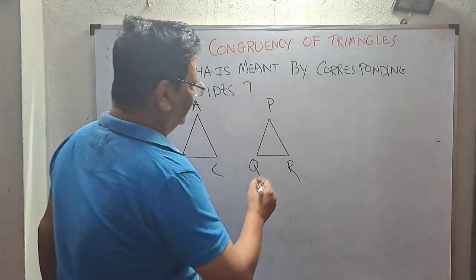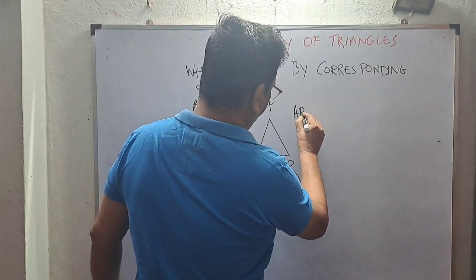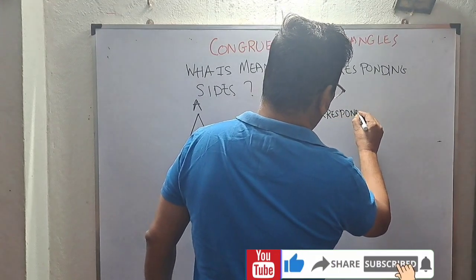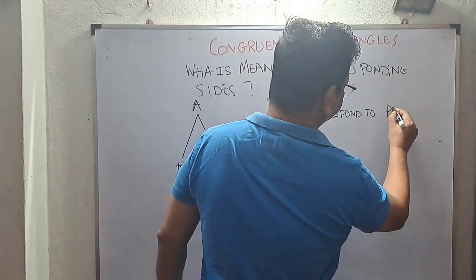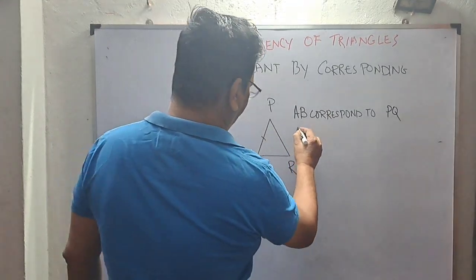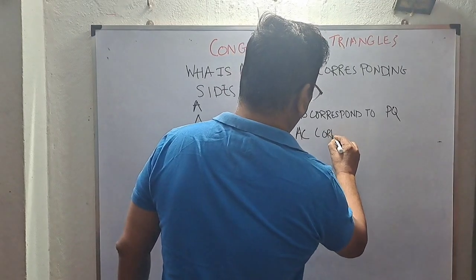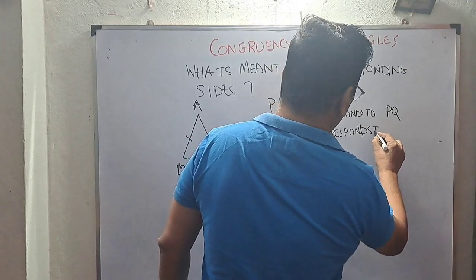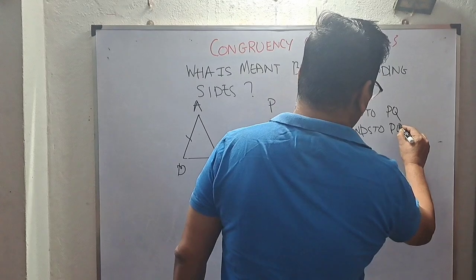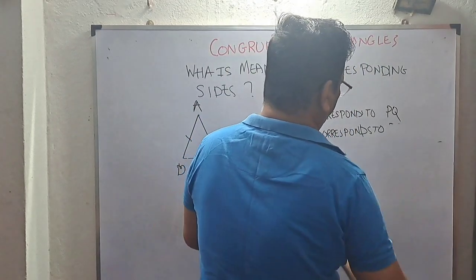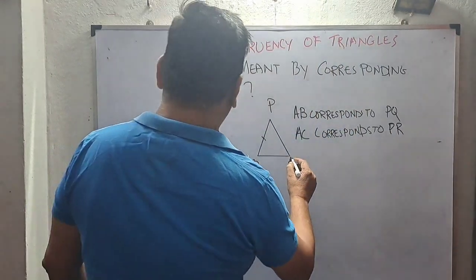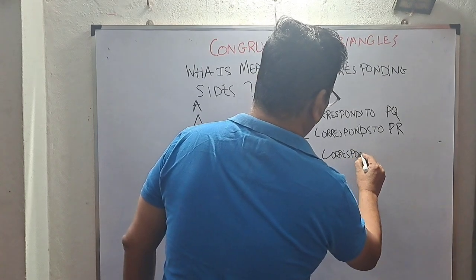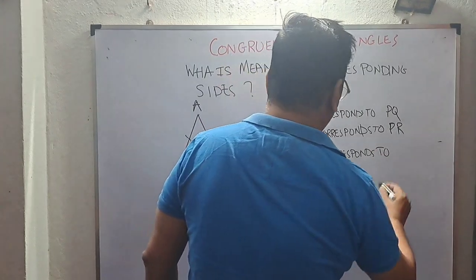If you talk about corresponding sides, here AB corresponds to PQ, AC corresponds to PR, and BC corresponds to QR.